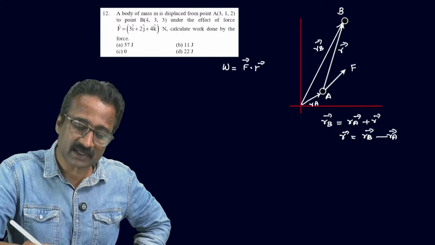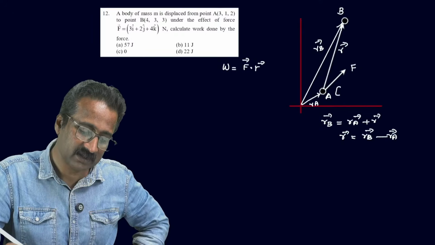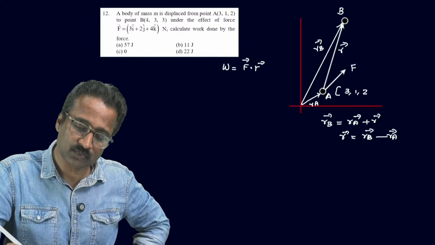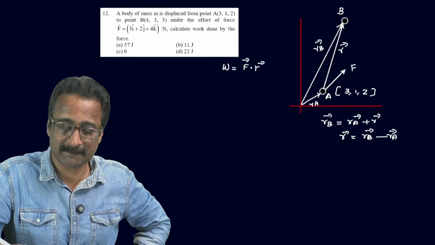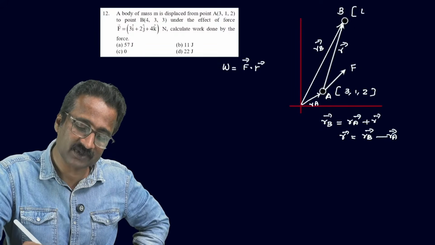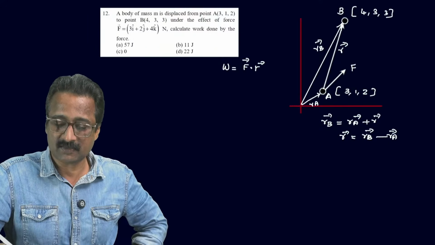Okay, what is RB now? Those are the A and B coordinates. The coordinates of A are 3, 1 and 2, so RA is 3I plus J plus 2K. The B coordinate is given as 4, 3, 3. Now I am writing RB minus RA.